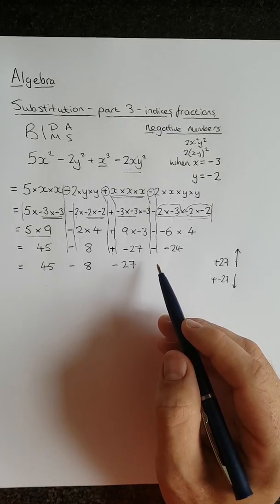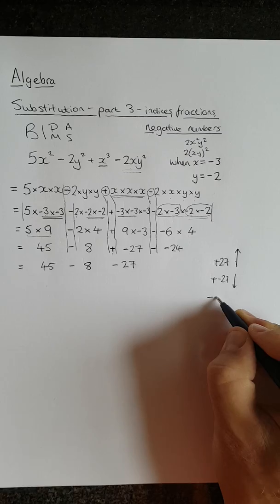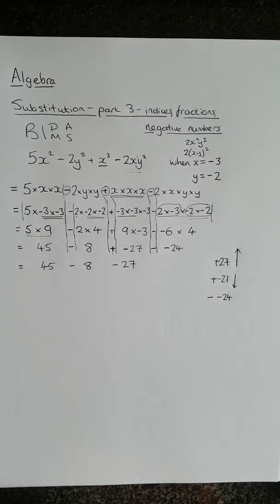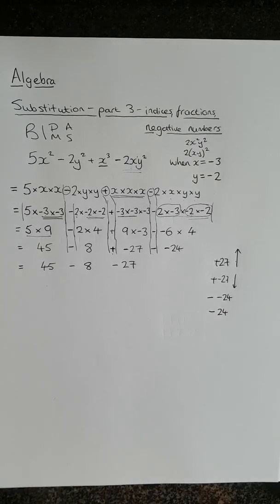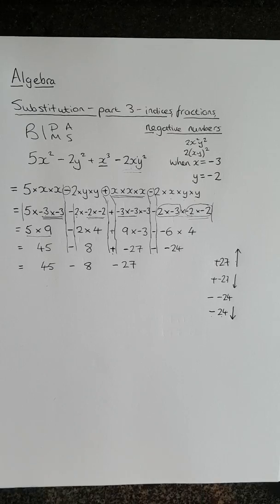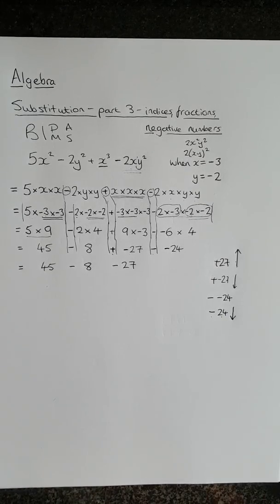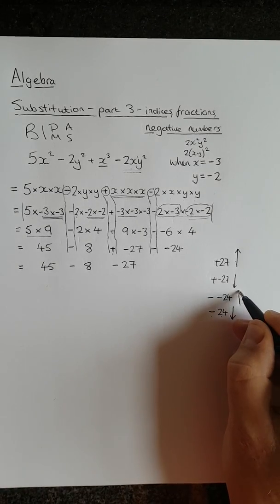Let's do the same here. Subtract -24. Well, what happens if I subtract 24? If I subtract 24, the number goes down. If I subtract negative 24, then the number must go up.